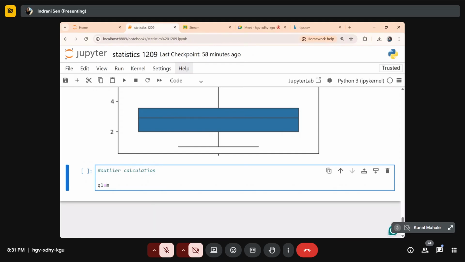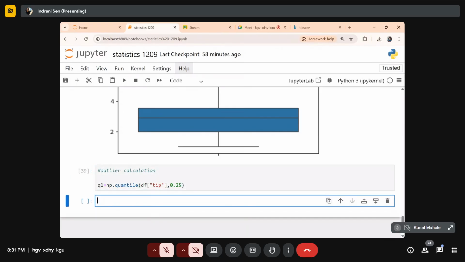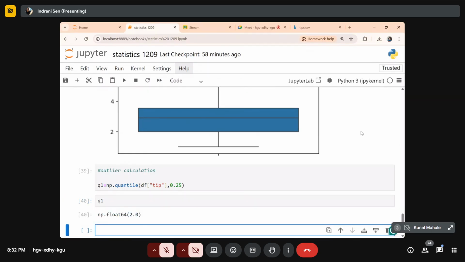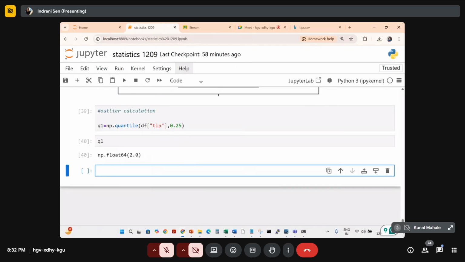So Q1 here is np.quantile of df tip. Next, this is the Q1.